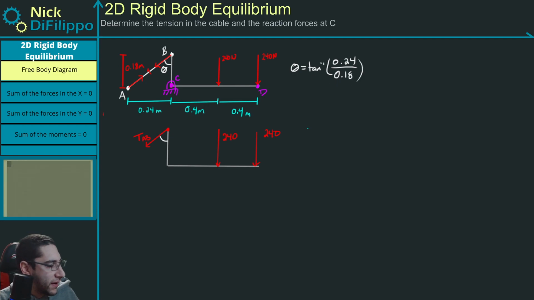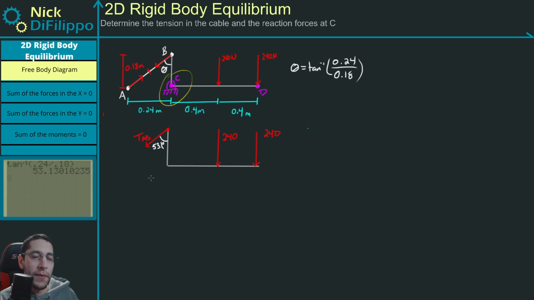So let's put that in the calculator. If we take the inverse tangent of 0.24 divided by 0.18, we get 53.1 degrees. So right here, 53.1 degrees. All right, so that is our tension force.